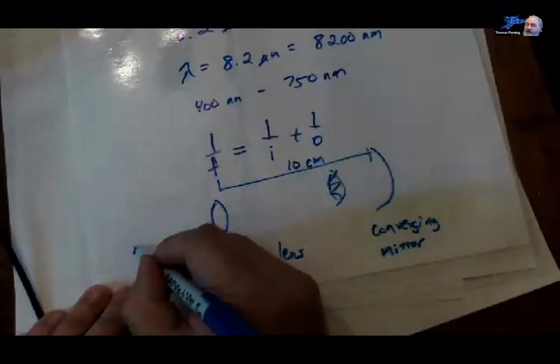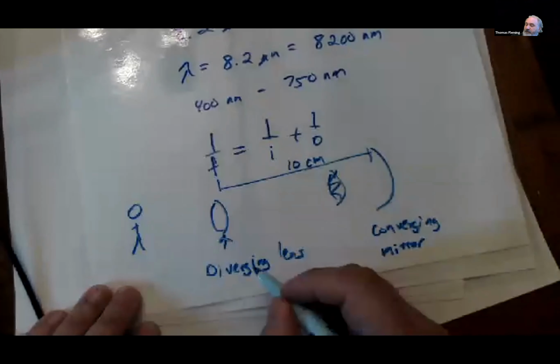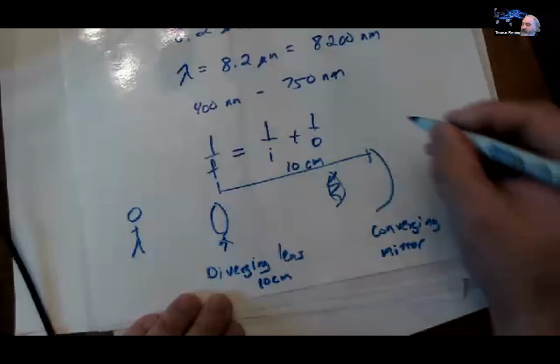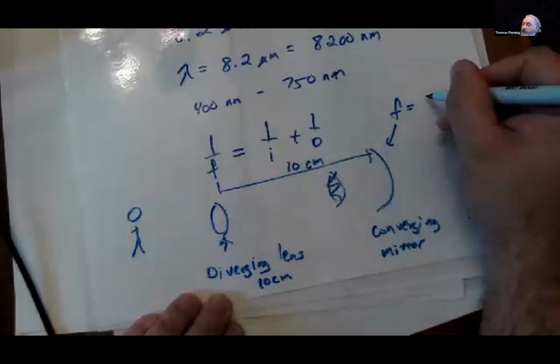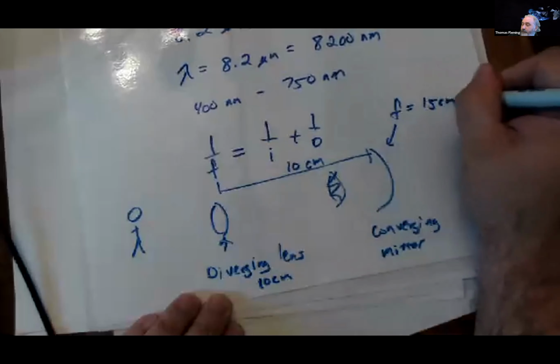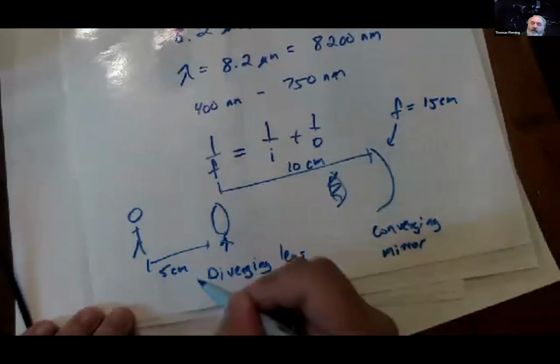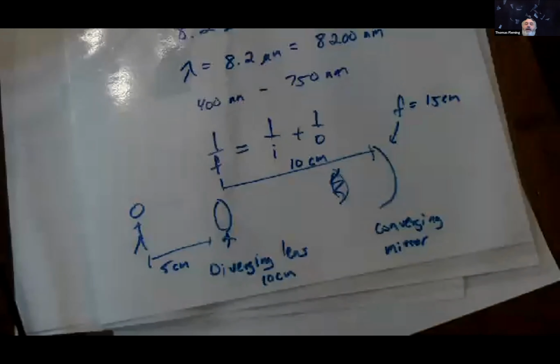The lens has a focal length of magnitude 10 centimeters. The mirror has a focal length of magnitude 15 centimeters. I place an object 5 centimeters in front of the first lens. You should be able to tell me where the image forms and what the magnification would be. You could also tell me whether the image is real or virtual, and the magnification of the final answer.